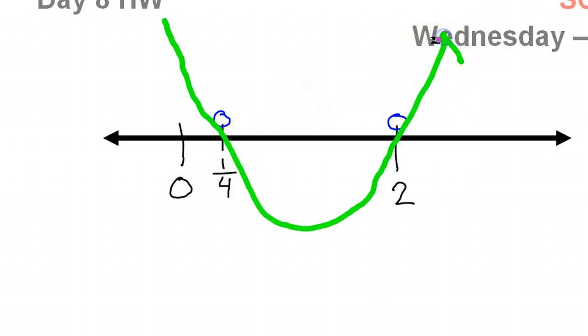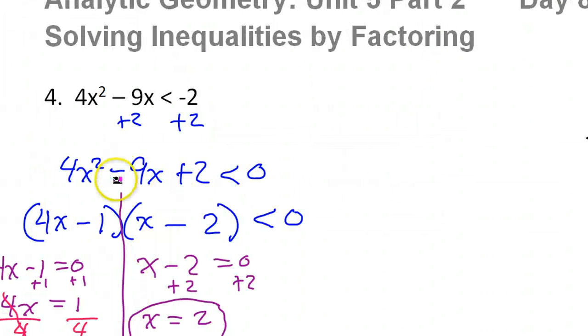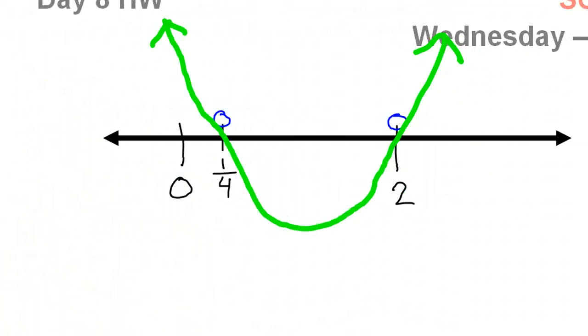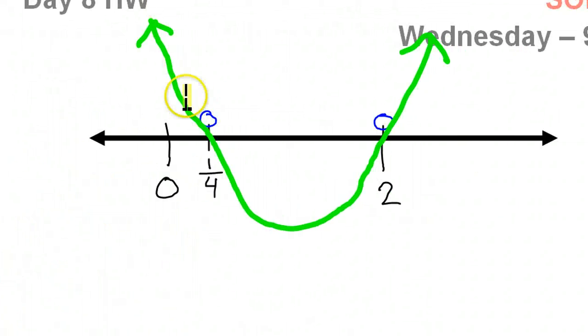Now we want to know where the function is less than 0. Graphically, less than 0 is going to be the part of the parabola that's below the x-axis. In other words, this part of the parabola. Less than 0 means below the x-axis.